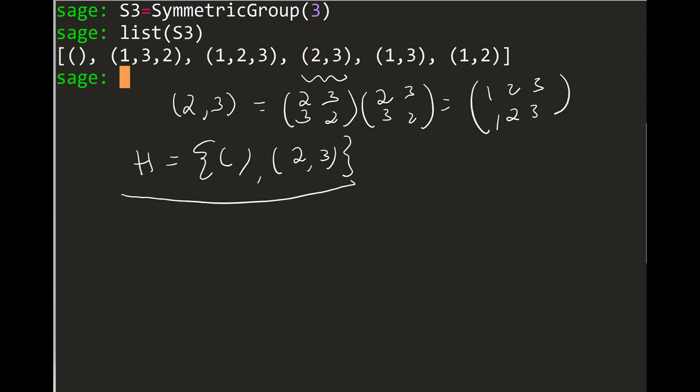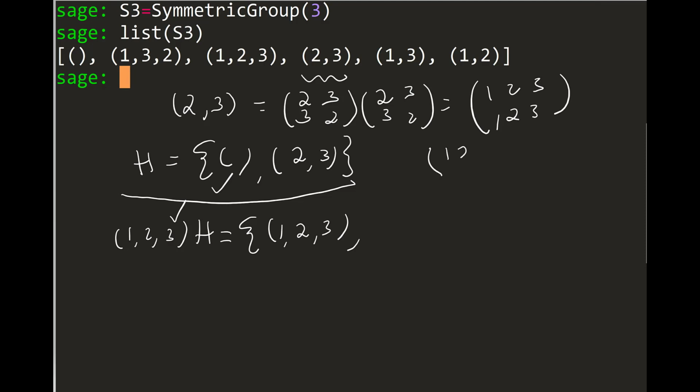And now let's look at its, say, left coset with the element (1 2 3). So if we do that, what we shall get is (1 2 3). (1 2 3) times the identity is (1 2 3).